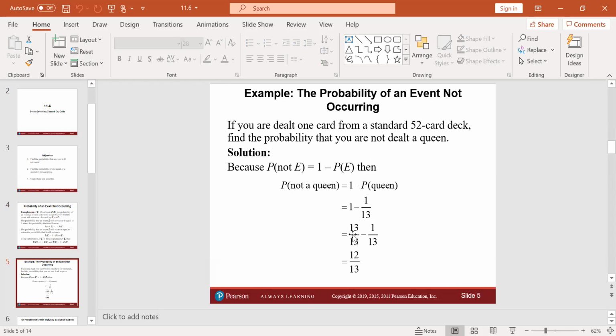But the probability of not getting a queen, you do 1 minus 1 over 13, you do the math, you'll get 12 out of 13. So an interesting idea. When you think of complement, you can think of the word not.